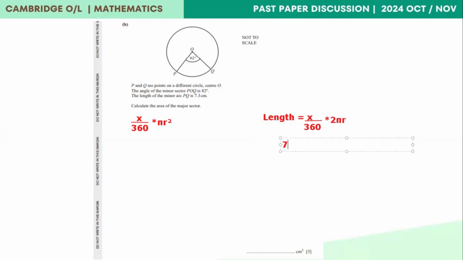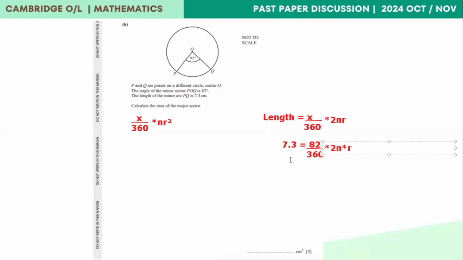So our length is 7.3. We are finding the angle. Sorry, the angle is given, and we are finding the value of the radius.